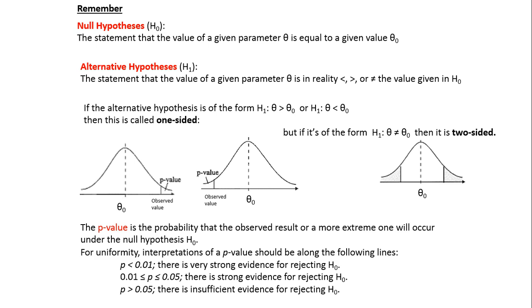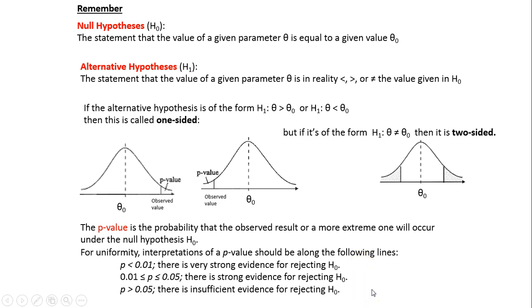The p-value is the probability that the observed result or a more extreme one will occur under the null hypothesis. We use the interpretations that if it's less than 0.01, less than 1%, there's very strong evidence for rejecting H0.